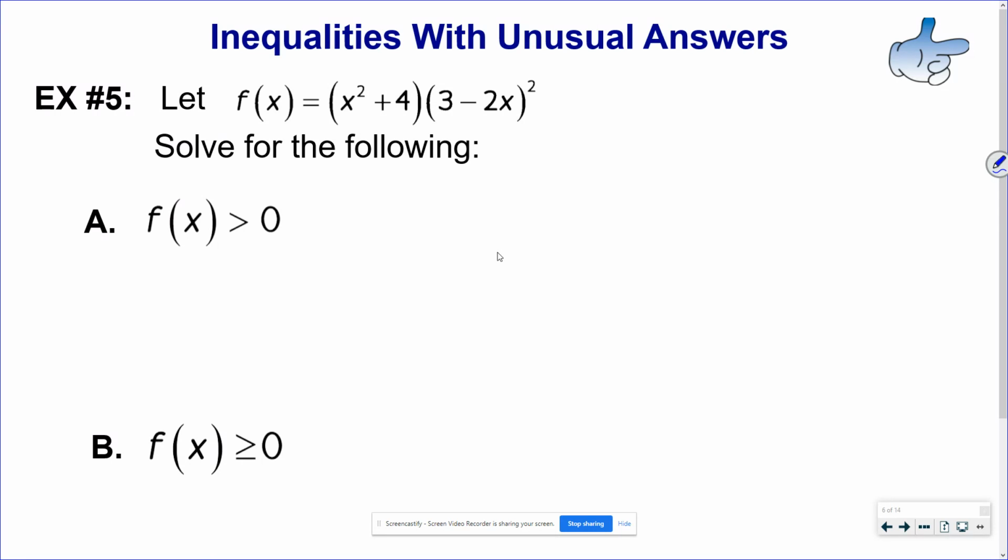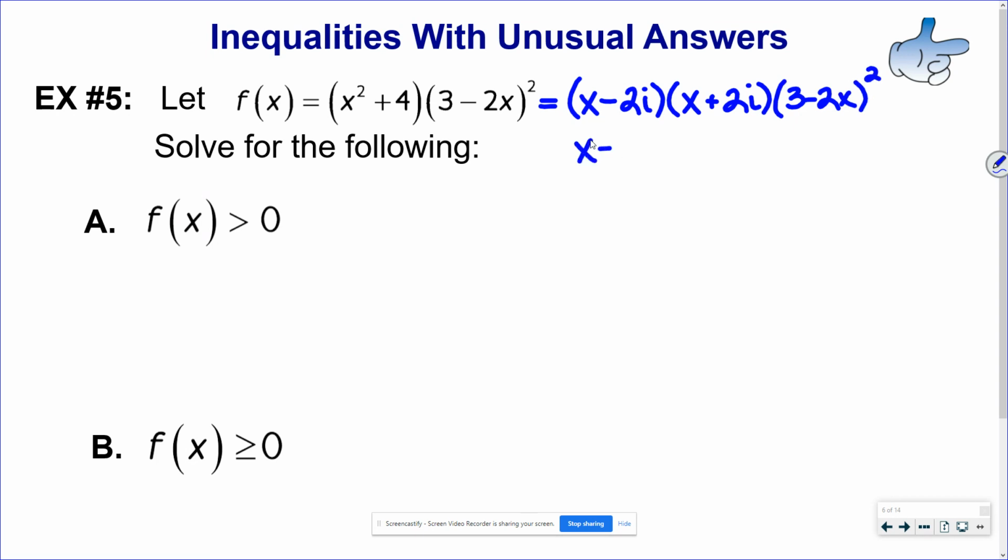Okay, inequalities with unusual answers. So let's begin with finding the zeros, which means we would need to factor and solve for x. Quick review, if you wanted to factor x squared plus 4, you would have to use imaginary numbers to do that.